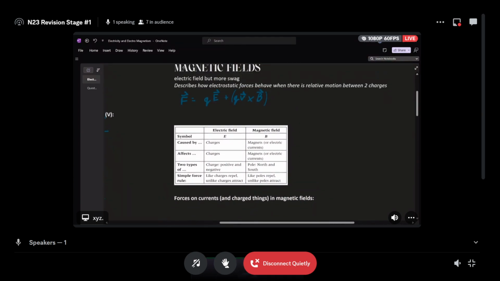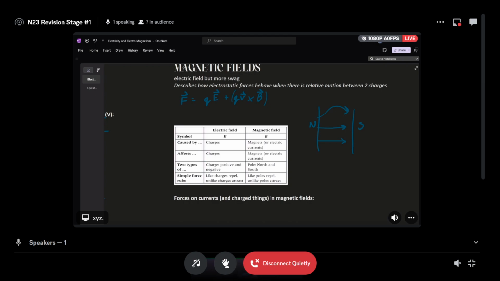Magnetic fields are drawn from north to south. We go like this. Okay, good stuff.